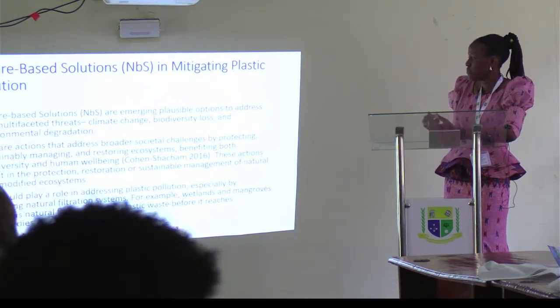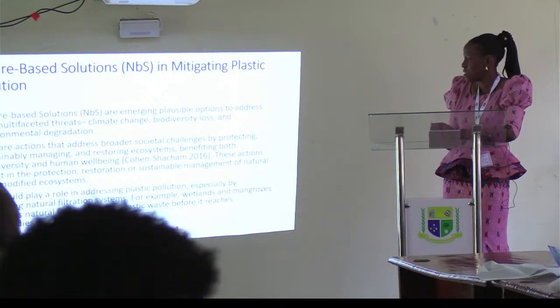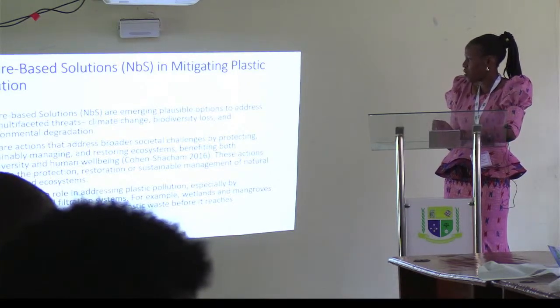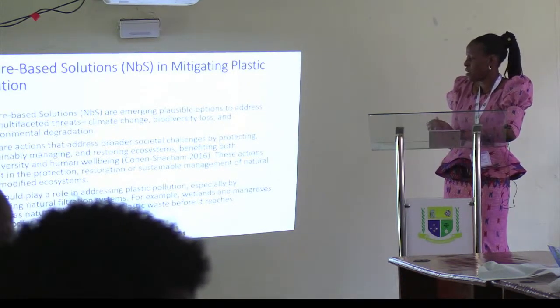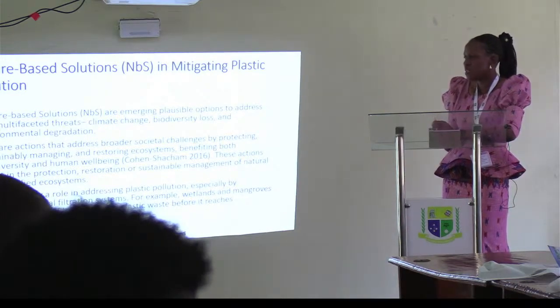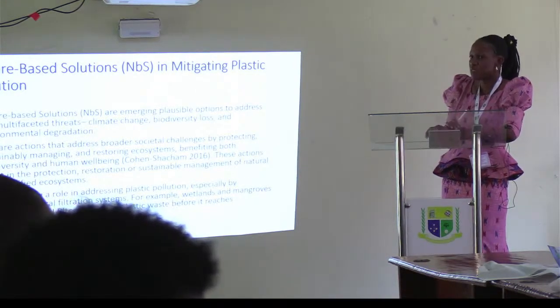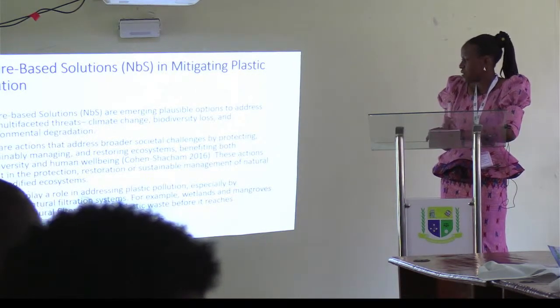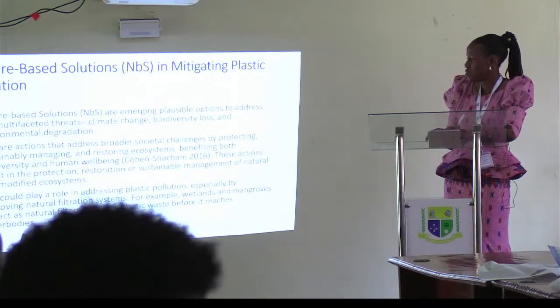When we look at the different ways of sustainably managing and restoring our ecosystems, then you find that here we shall be on the right path. For the case of plastic solutions, we know that wetlands act as natural filters. So if they can trap the plastic waste before it moves to the water bodies, this would be very helpful.